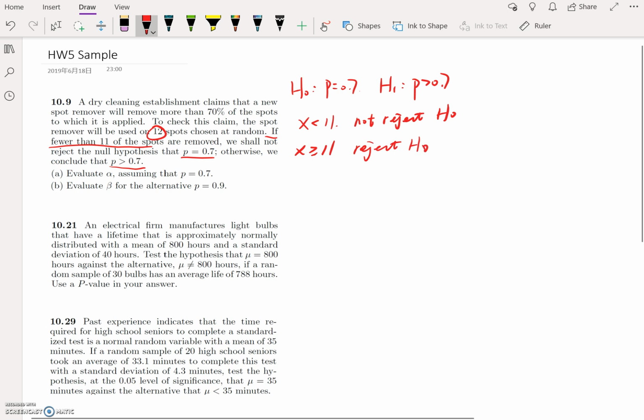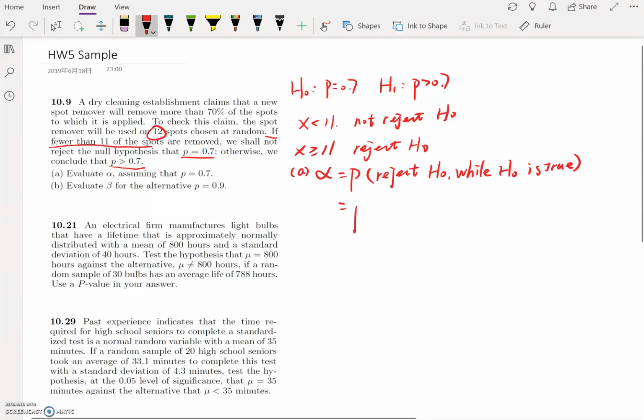Then let's take a look at the question. For part A, evaluate alpha assuming that p equals 0.7. So let's see. Alpha is the probability that we reject H0 while H0 is true.